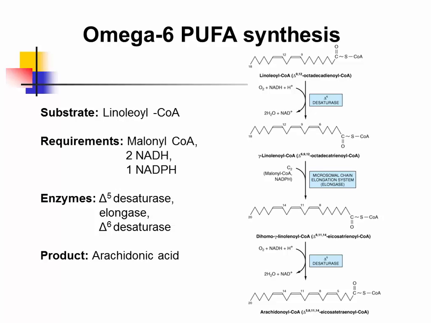You're adding malonyl-CoA to extend two carbons at a time, and you need NADH or NADPH as the donor of the hydrogen. The enzymes involved in this synthesis are desaturase, delta-5, delta-6, and elongase. And the product, here we talk about arachidonic acid for the omega-6 fatty acid family.